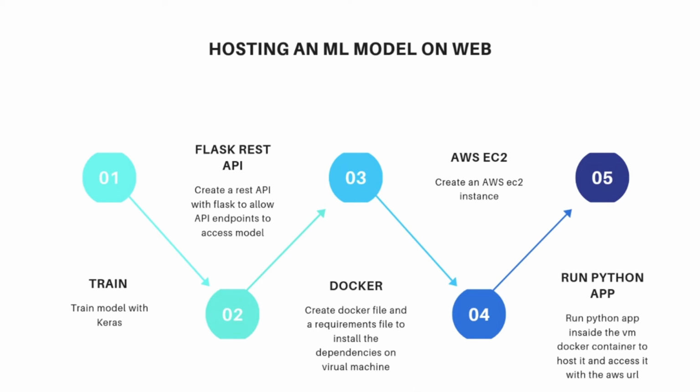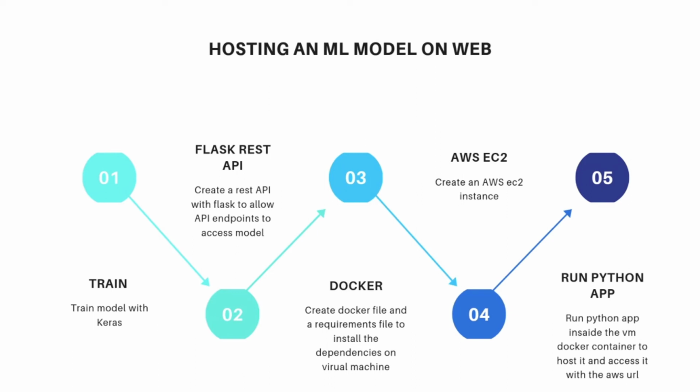Next, I had to Dockerize the application and mention the requirements.txt file as well. The final step was creating an EC2 instance and setting up the Docker container on it, getting the Python app running on it.